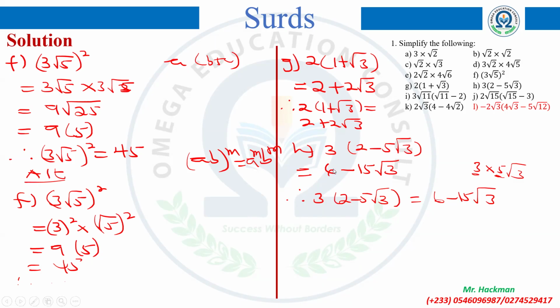This is a term. This is a term. This is an unsurd term, and this is a surd term. You can't subtract. They are not like terms. It's just like you having 2 minus 3x. Can you say that this is minus x? No, please. They are not like terms.